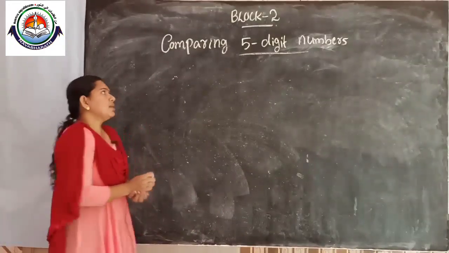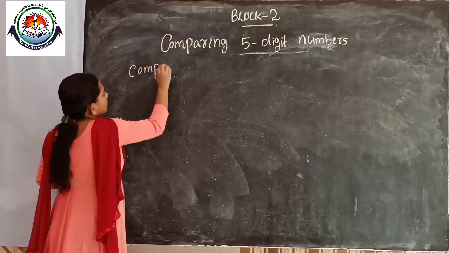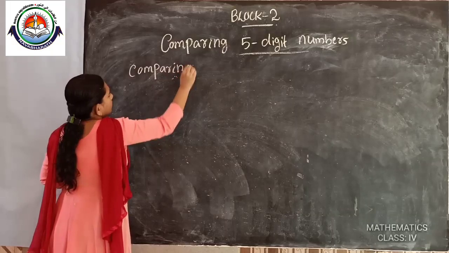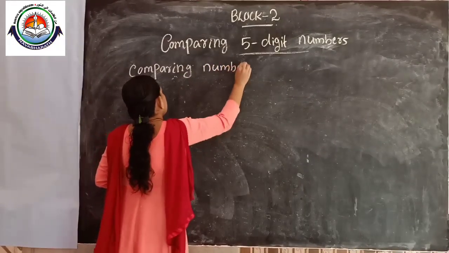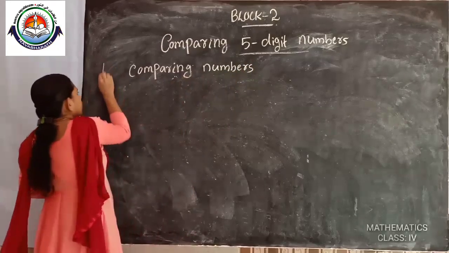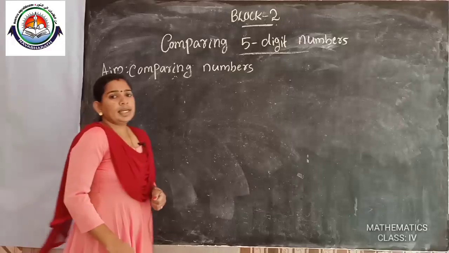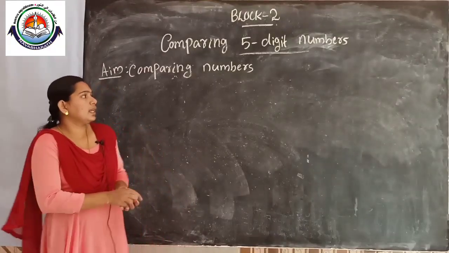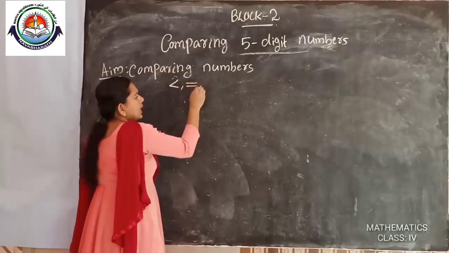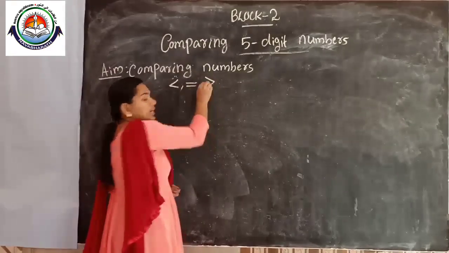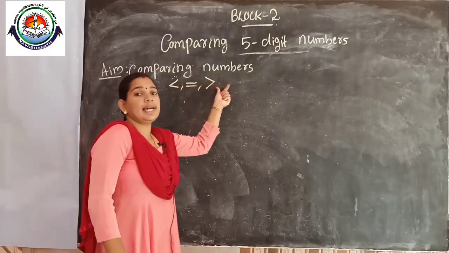In comparing numbers, we use the less than symbol, the equal symbol and the greater than symbol.